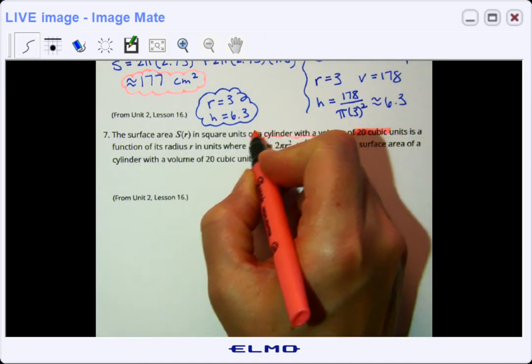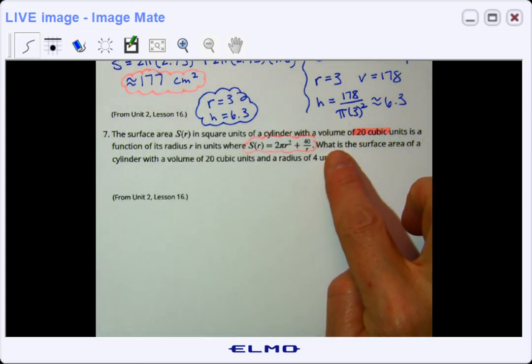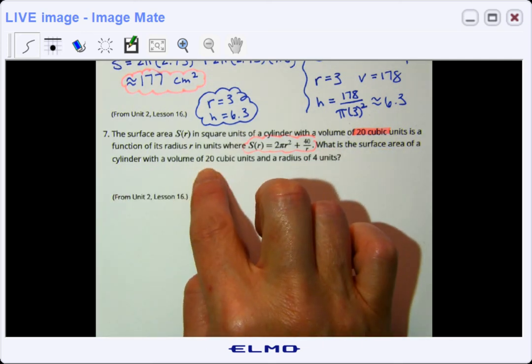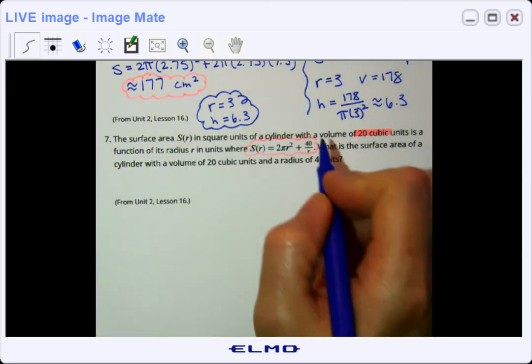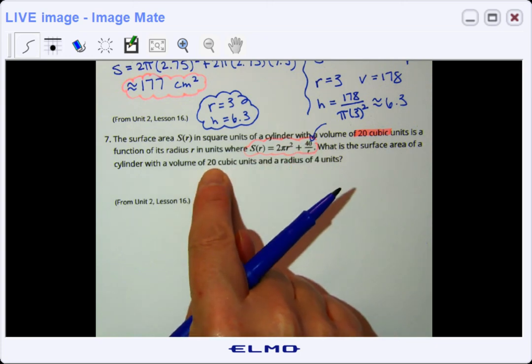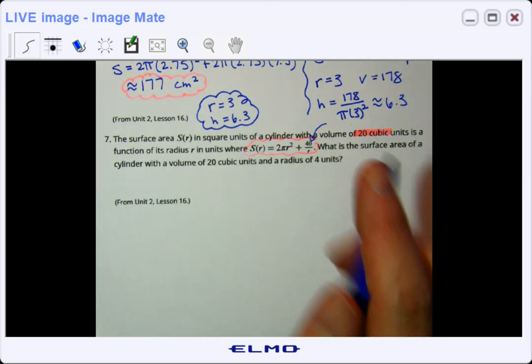So we just used the same formula as in the previous problem, except with a different volume. What is the surface area of a cylinder with a volume of 20 cubic units and a radius of 4? We already have the correct value there for a volume of 20 cubic units, and now it's telling us the radius is 4.